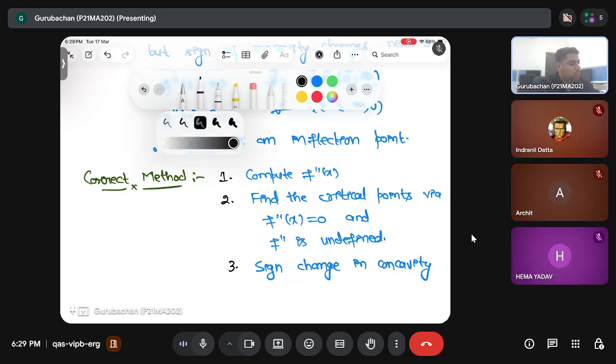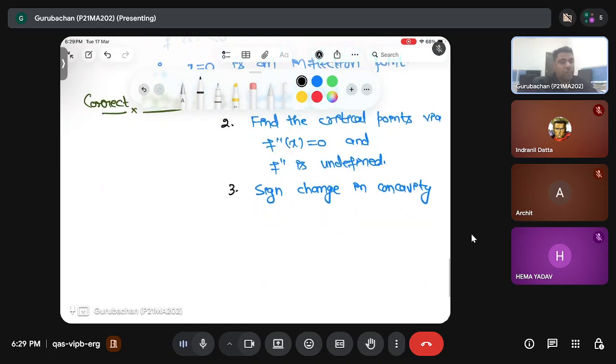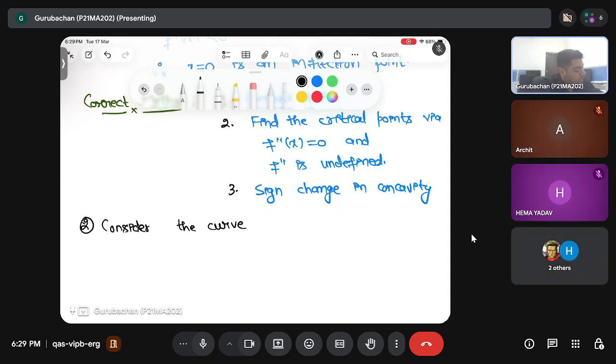So now let us move to the next question, which is again related to concavity. For this one, consider the curve defined by x square plus xy plus y square equal to 3.